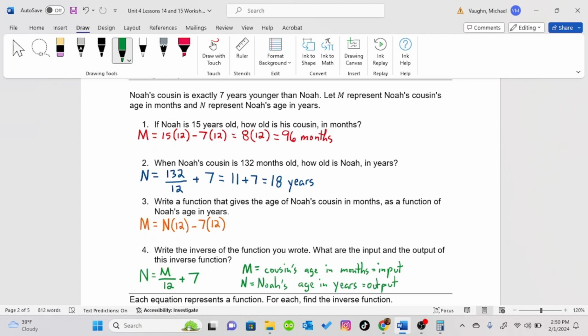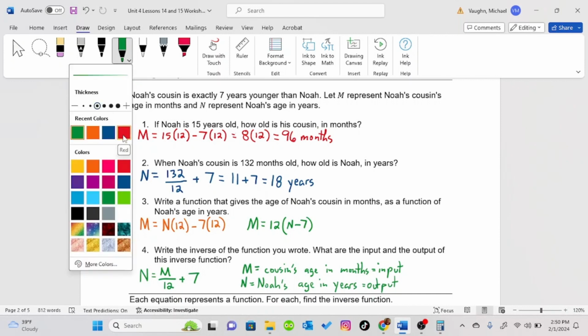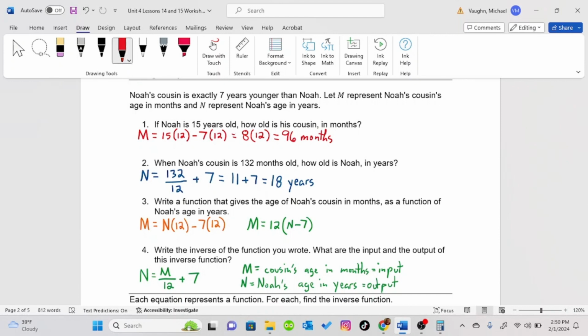To go from the equation in 3 to the equation in 4, both of these are multiplied by 12. So I could rewrite this as M equals 12 times N minus 7. Then I would divide both sides by 12.